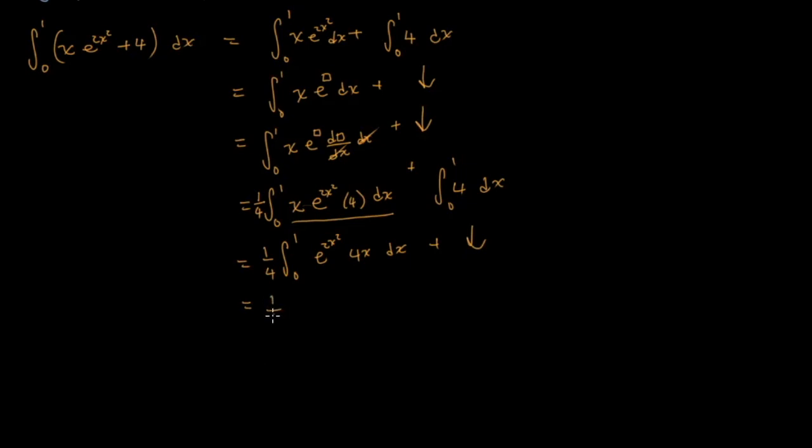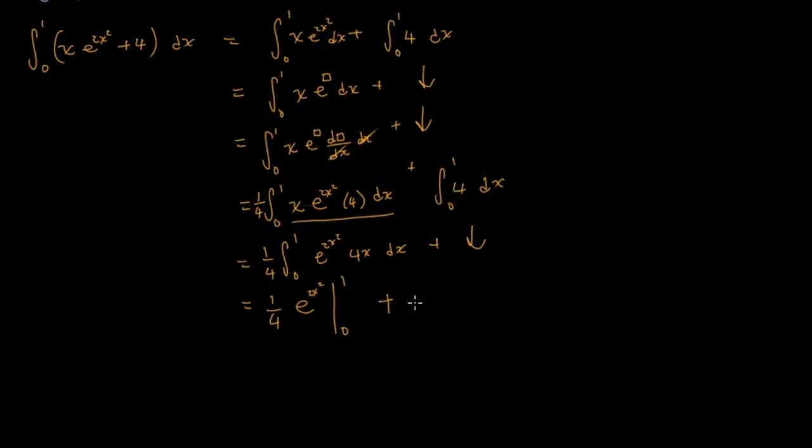So we have 1 over 4 times e to the 2x squared. And as you can see here, you don't have to worry about this 4x anymore because it's in the right form. So we have that, and then plus the integral, from 0 to 1, and then plus this integral here.